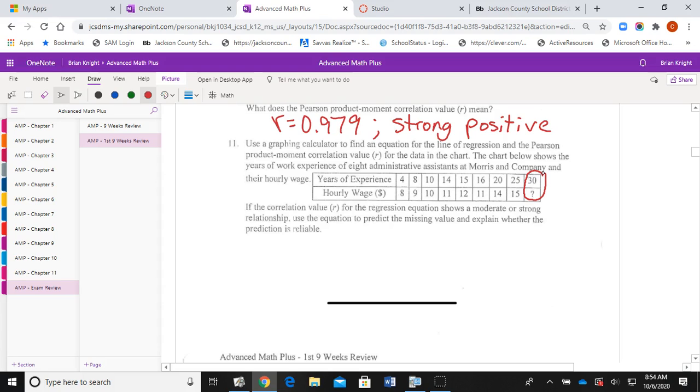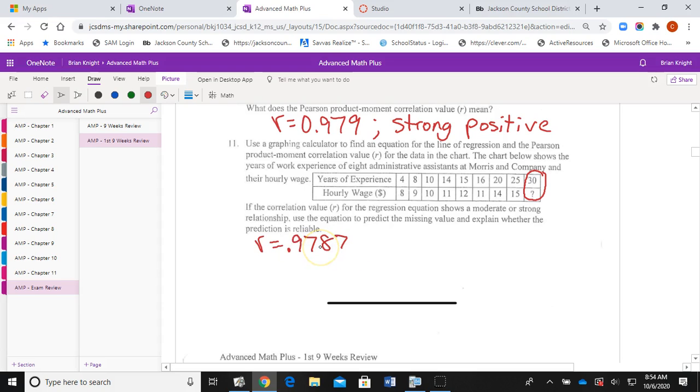So you're going to plug all the numbers in except that, and you will see that your R is, let's see here, what is it? Strong. It doesn't tell me what it is. It just told me it was strong. What is your R when you do that? 0.9787.